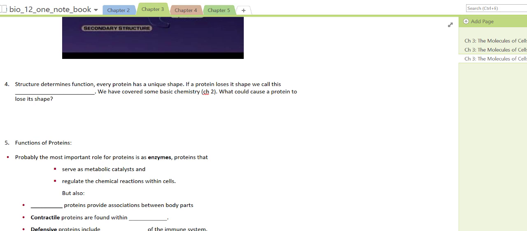In terms of overall protein shape, however it unfolds determines a very unique shape to every single protein, and this unique shape dictates its function. If a protein loses its shape, we call this denaturation, or we say the protein has denatured.